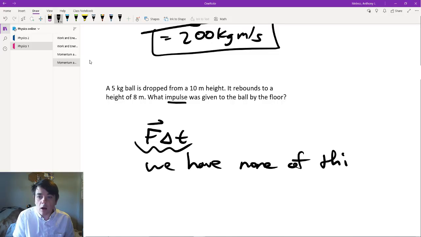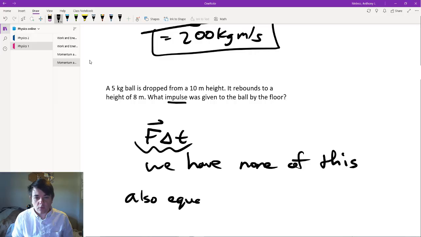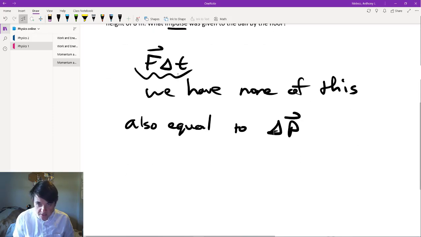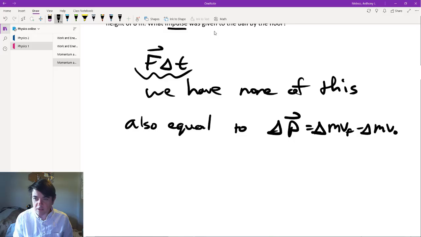But impulse is also equal to the change in momentum. And the change in momentum is equal to m v final minus m v initial.